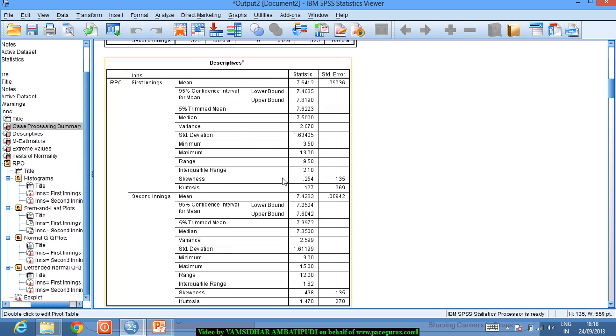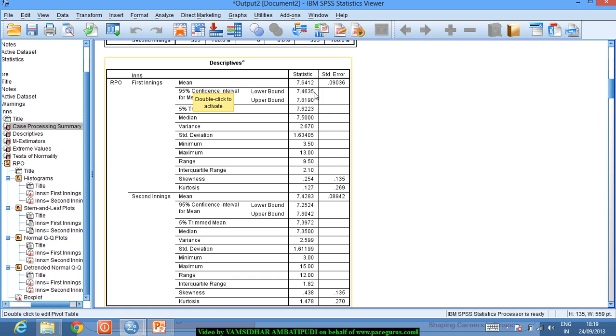Fair enough. Now here it is giving me some descriptives because we have asked for some basic calculation. There is a descriptives table that is getting computed where it is giving me the mean for the first innings 7.64, whereas the mean runs per over in the second innings comes to 7.42. So probably we can say that the mean in the first innings is slightly more than the mean in the second innings.